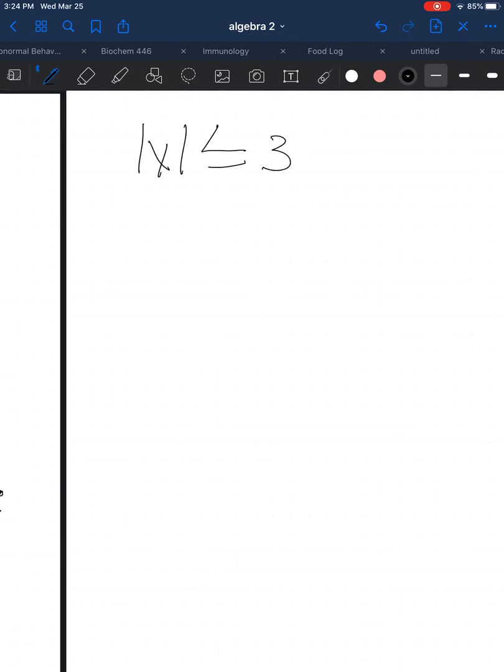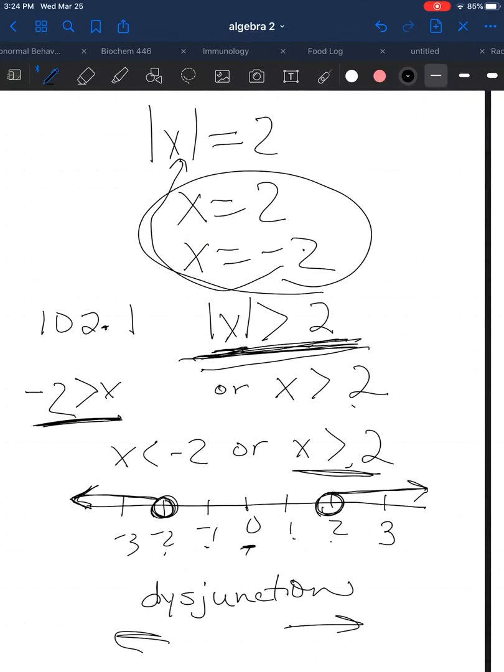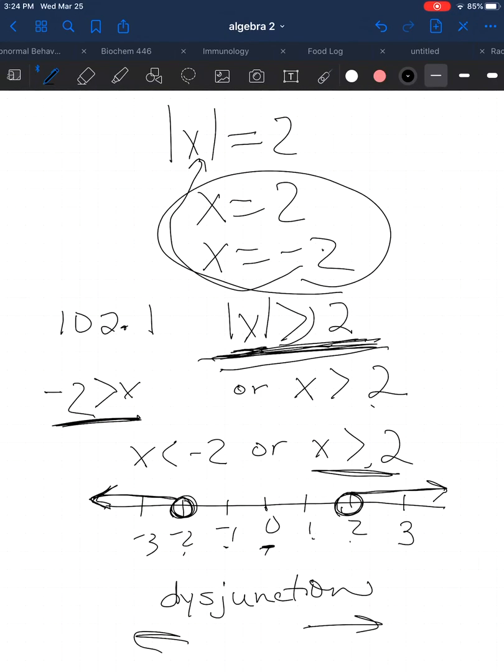A conjunction comes together. So it's going to be either open dots like this or closed dots like this where they come together. That's a conjunction. And the difference is in the symbol. This symbol is a conjunction. This symbol, the greater than or equal to, is a disjunction. So they go away from each other.